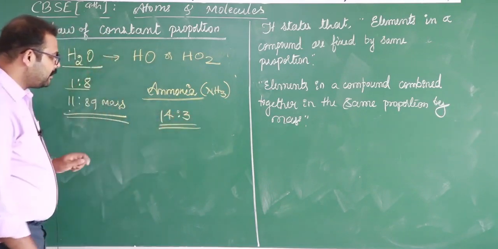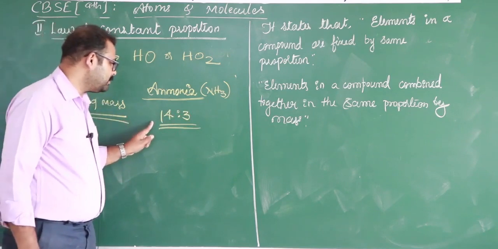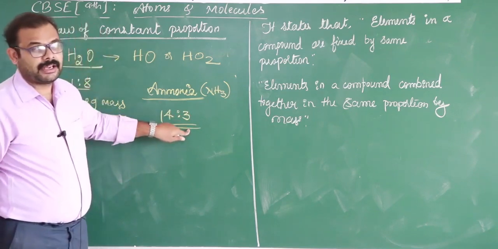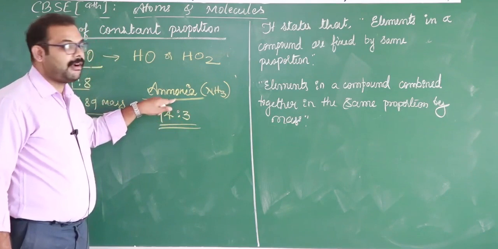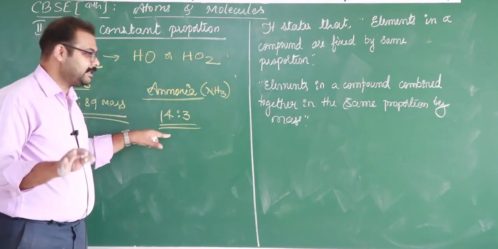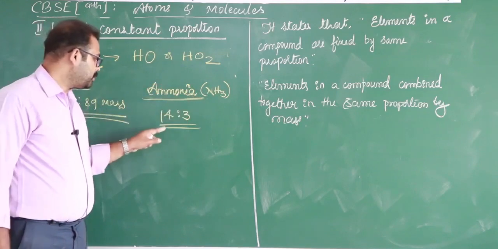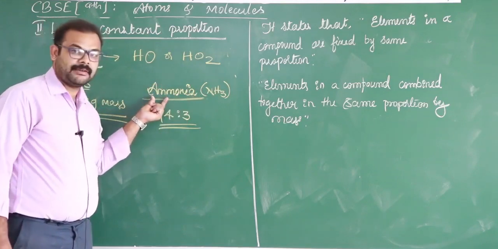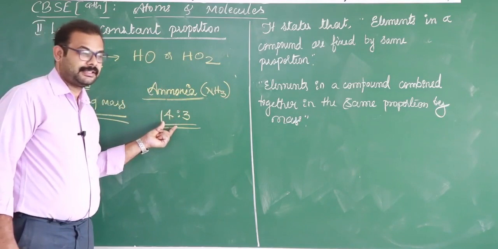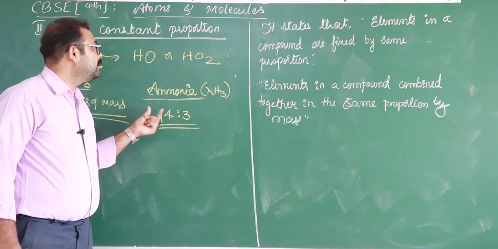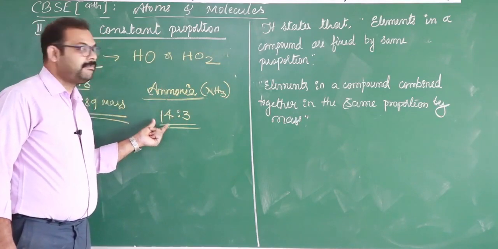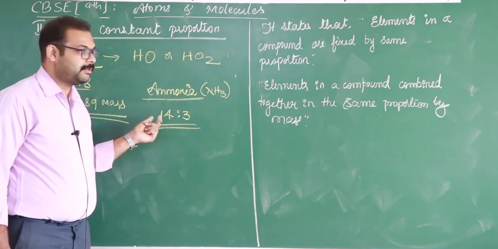If 14 parts of nitrogen combine with 3 parts of hydrogen, then they form ammonia, and it is always constant. The number of elements and their proportion in this compound, ammonia, is always constant. Hence we call it the law of constant proportion or definite proportion.